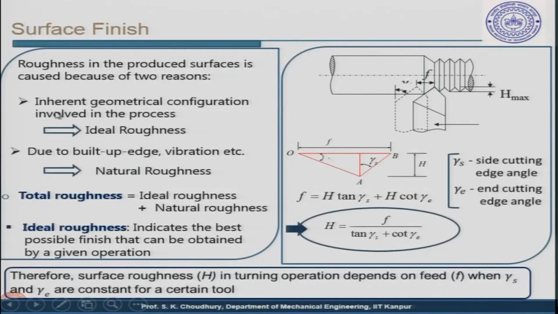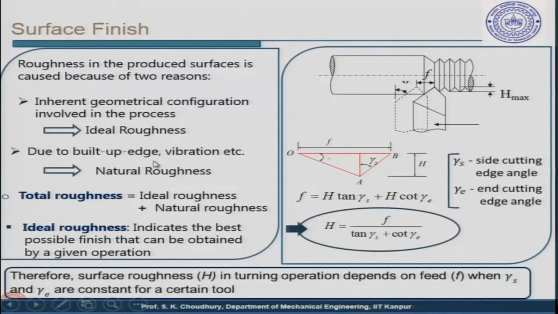Roughness in the produced surface is caused by two reasons. One reason is the inherent geometrical configuration involved in the process, that is the ideal roughness. Inherent geometrical configuration means that we already have the tool with a certain angle, a certain condition of the parameters, and a certain machine on which we are working, that will have certain accuracy.